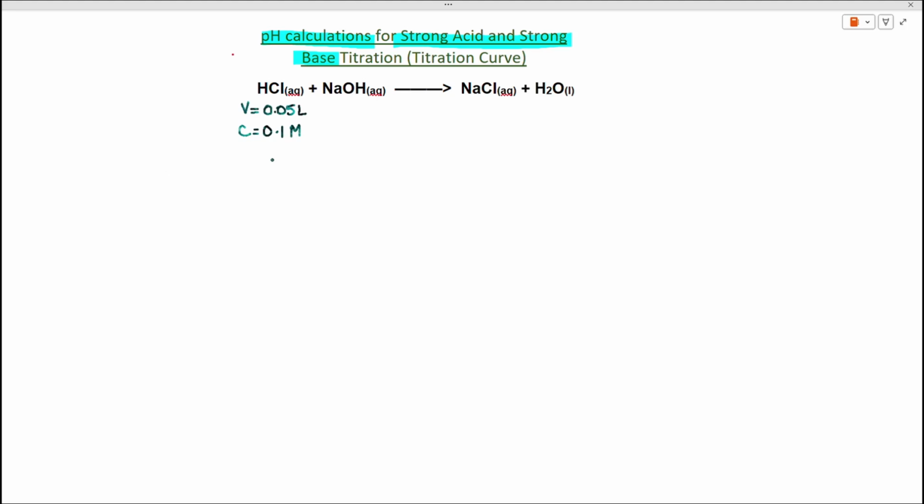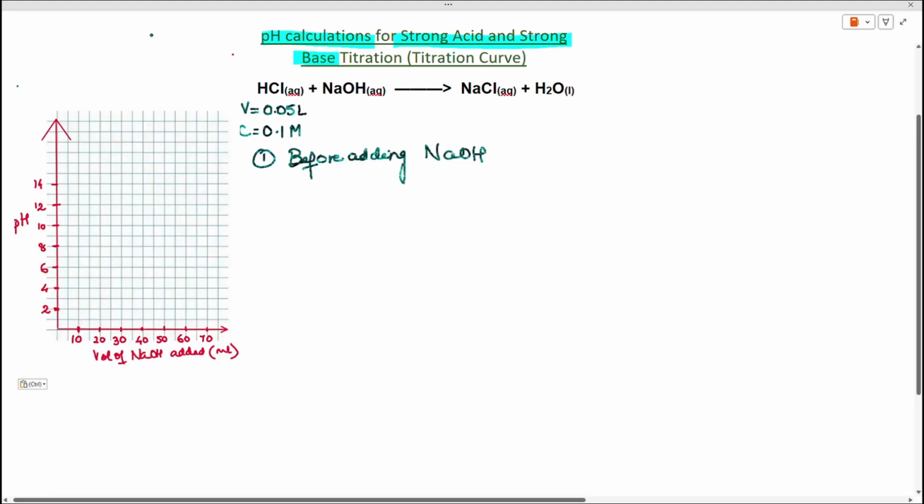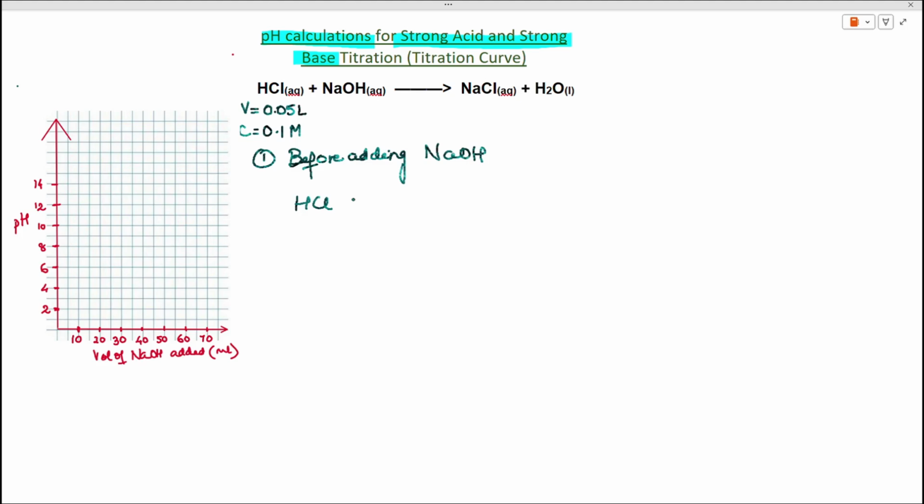So the first part of it is when no NaOH is added to it. And at the same time, we'll be drawing the titration curve for it simultaneously. So if we haven't added any NaOH, we have only HCl whose concentration is 0.1 molar.